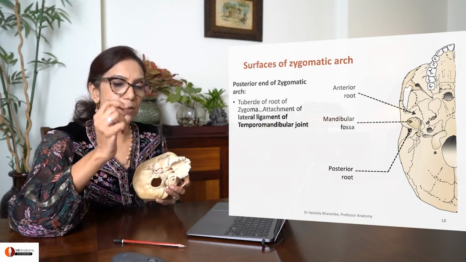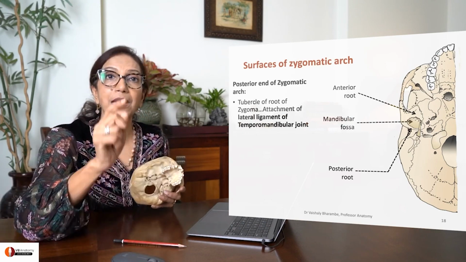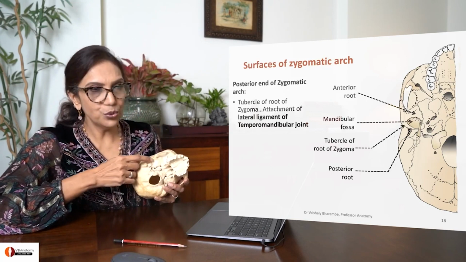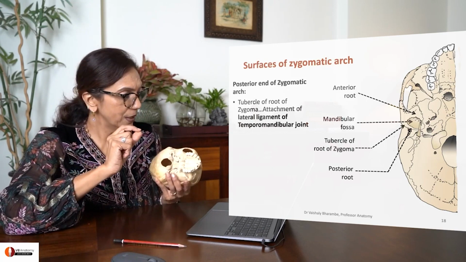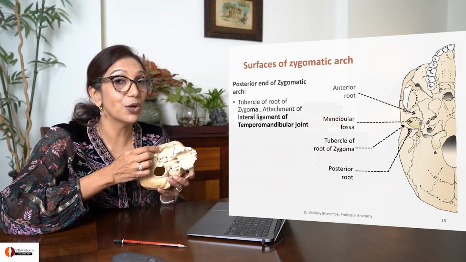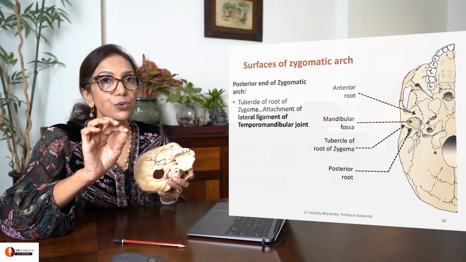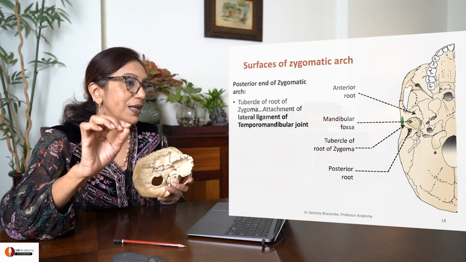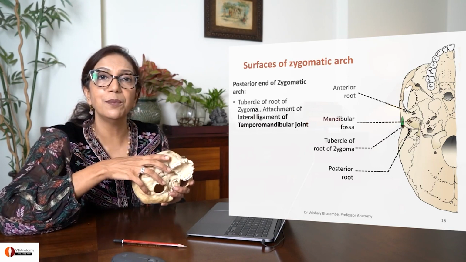In between them is a beautiful fossa, the mandibular fossa. The point where the two roots meet, they form a tubercle, which is called the tubercle of root of zygoma, wherein you will find the attachment of the lateral ligament of temporomandibular joint.